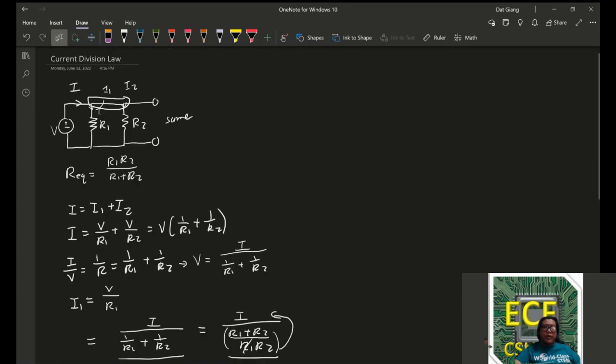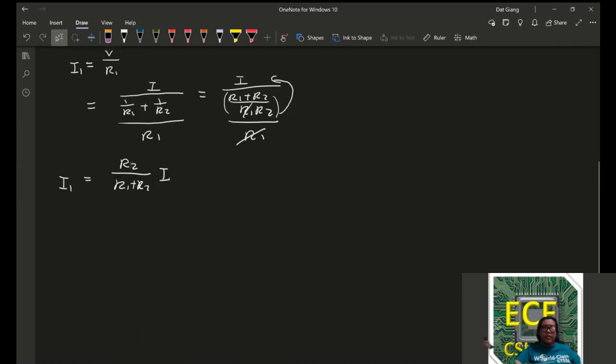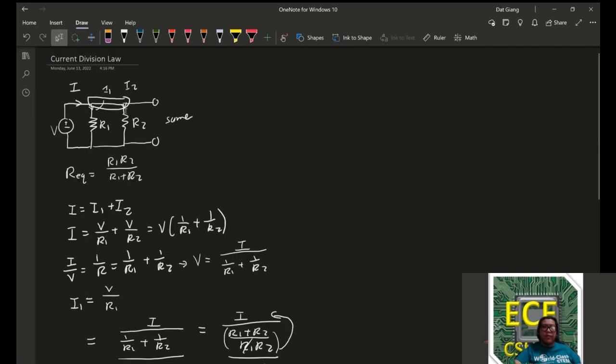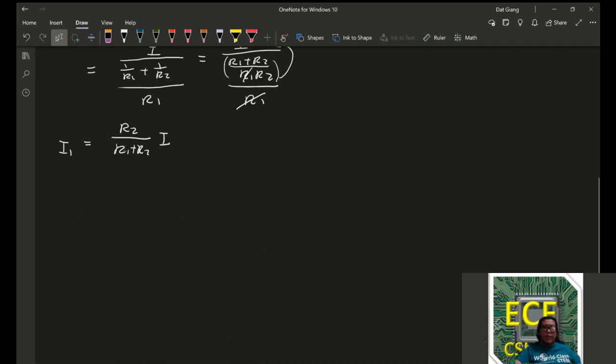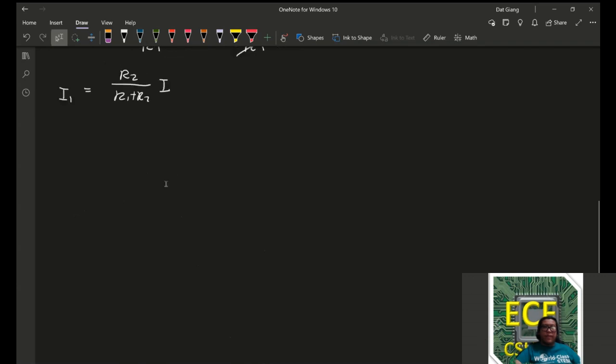So anytime you want to find the current of one part, it is equal to the resistance of the other resistor divided by the sum of the resistances.